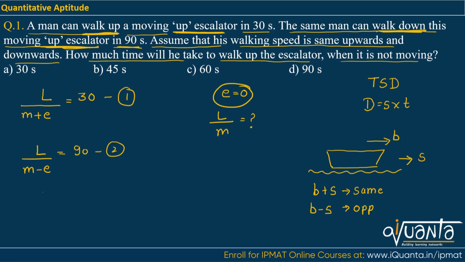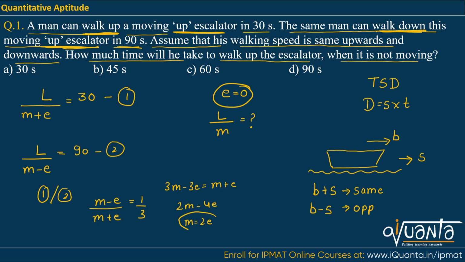So using the first two equations, if I divide equation 1 by equation 2, I'll be getting M minus E upon M plus E equal to 30 by 90 in the RHS, which will become 1 by 3. So if you cross multiply, 3M minus 3E will be equal to M plus E, we'll be getting 2M equal to 4E, which will give me M equal to 2E or E equal to M by 2.